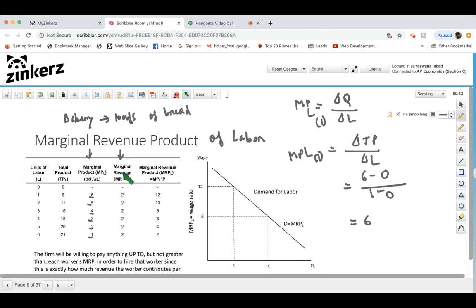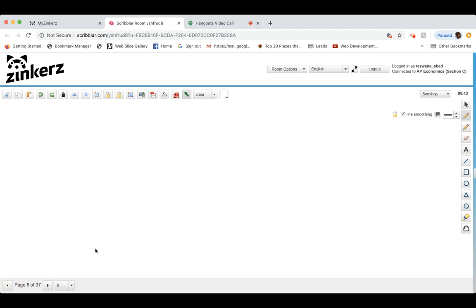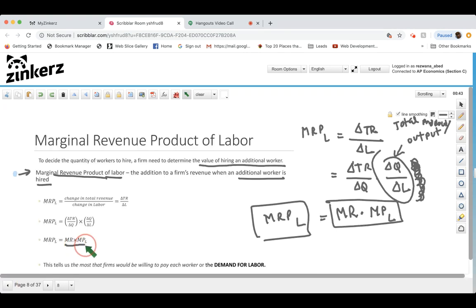So this is the fourth column. And then the fifth column is what we're interested in, which is the marginal revenue product of labor, or MRPL. Remember, it's marginal product of labor times marginal revenue, like we just saw here.